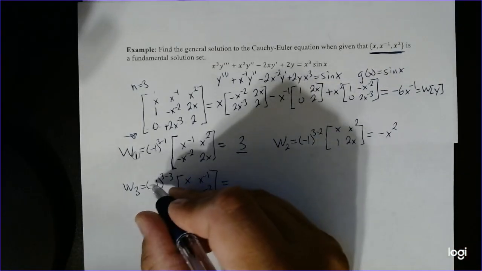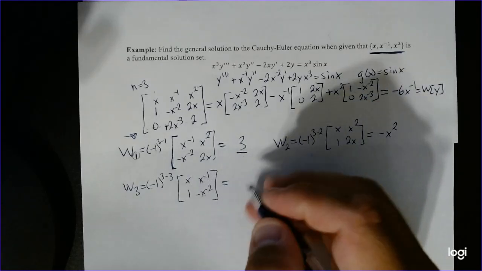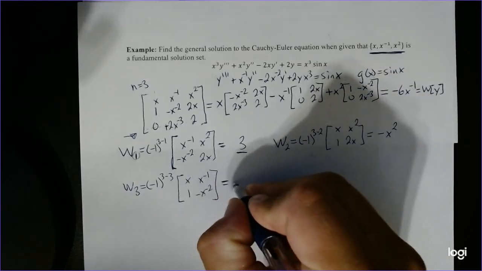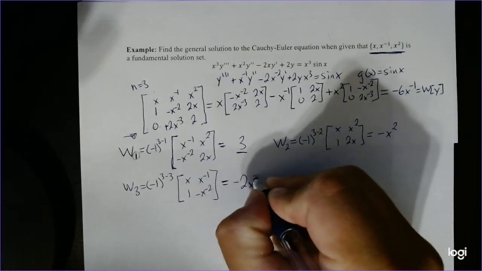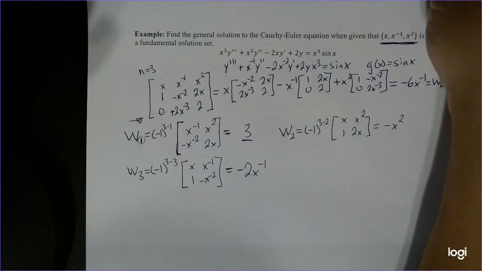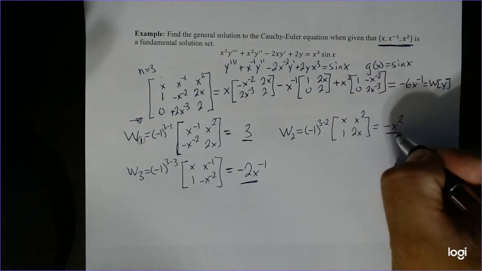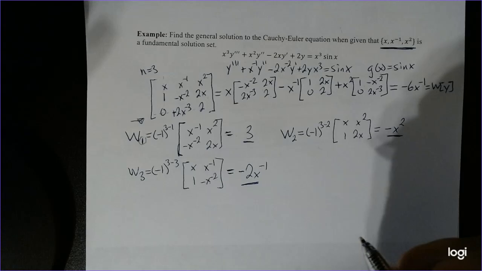So this is negative 1 to the 0 power, so it's going to be 1. So that times that minus that times that. So again, this ends up giving us negative 2x to the negative 1 power after we simplify.